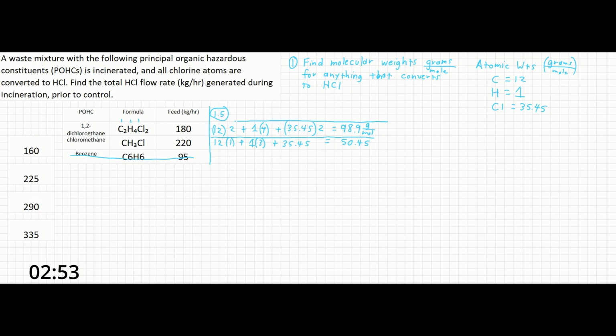Now, for step 2 and 3, we can convert the feed rates into moles per hour. So for step 2, let's convert the feed to grams per hour. We're already given it in kilograms, so let's just multiply by 1,000. You could skip writing this out on the exam if you need to save time.